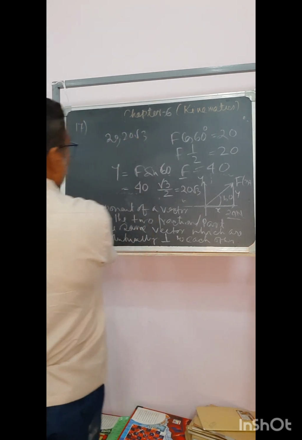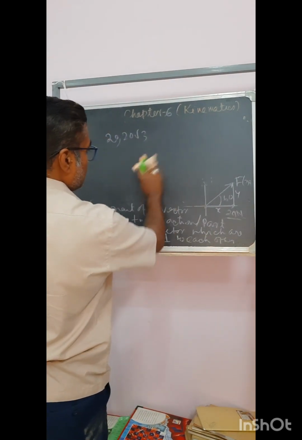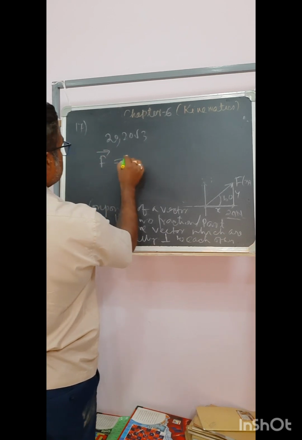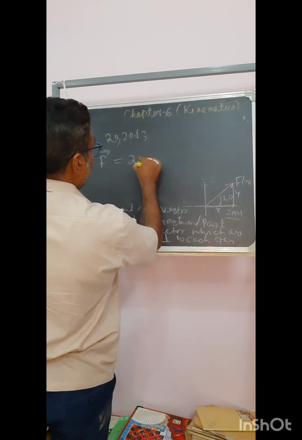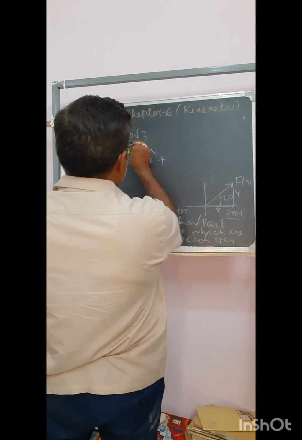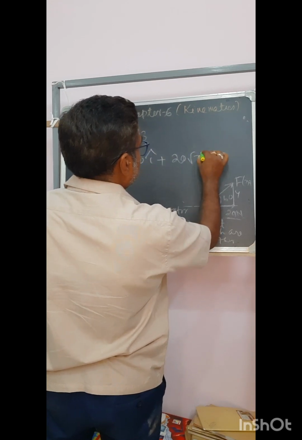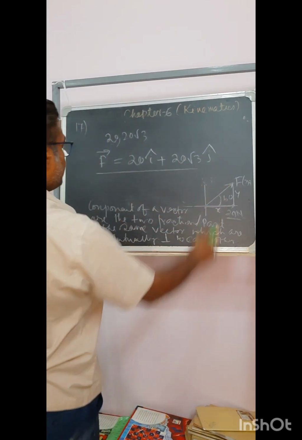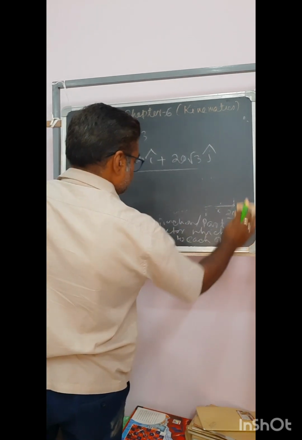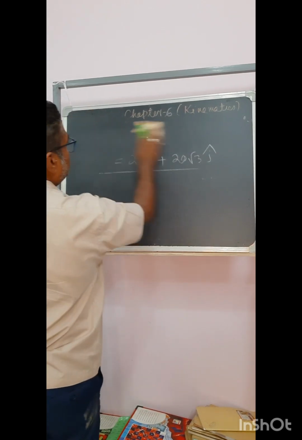So your vector F will be represented as 20 i plus, as this is also positive, 20 root 3 j. This is your representation of the vector as per the condition given. Okay, understood, I suppose. So shall I move to the next problem?